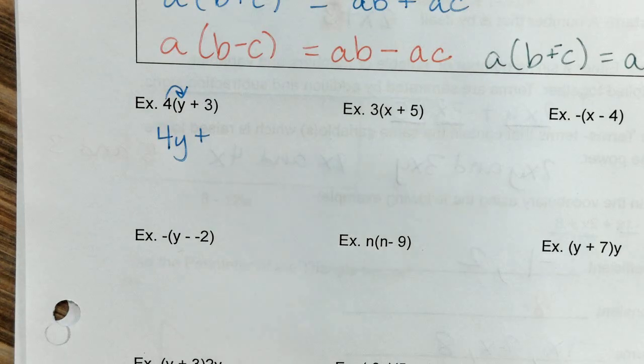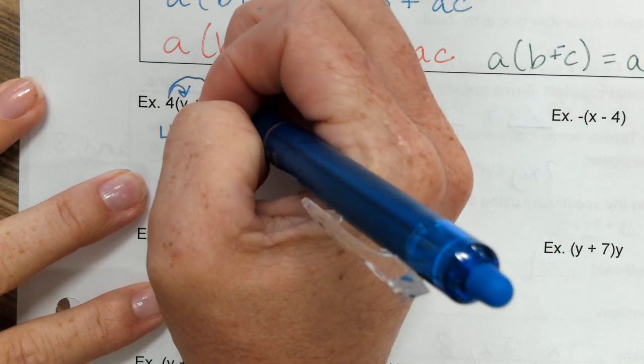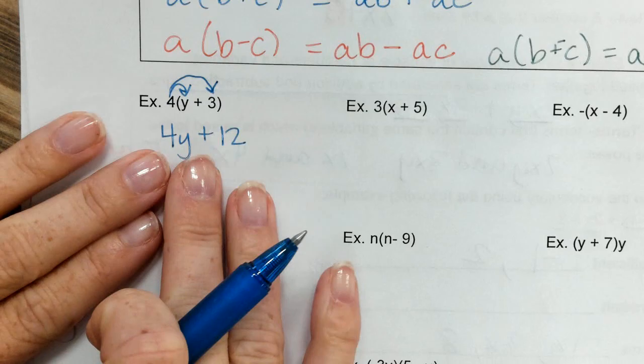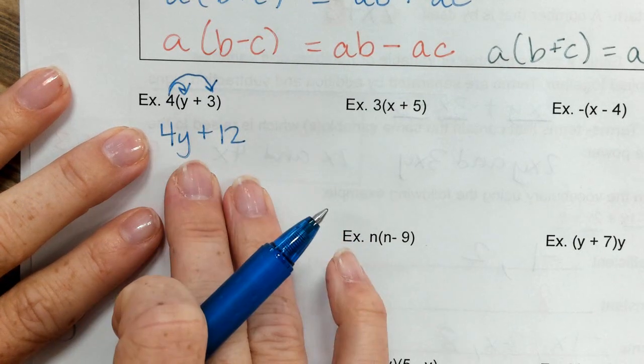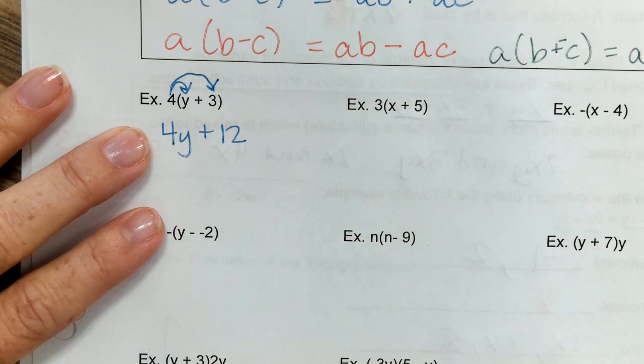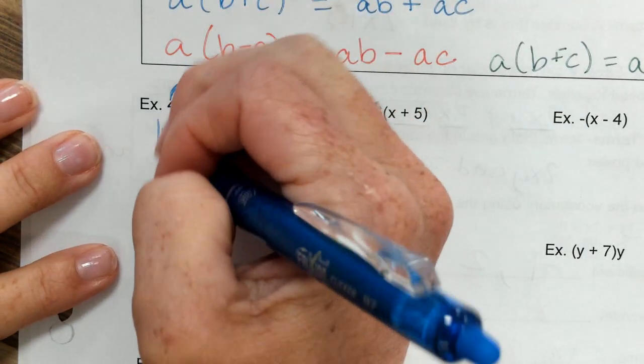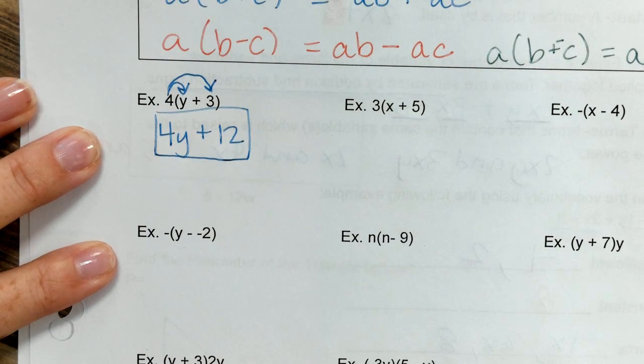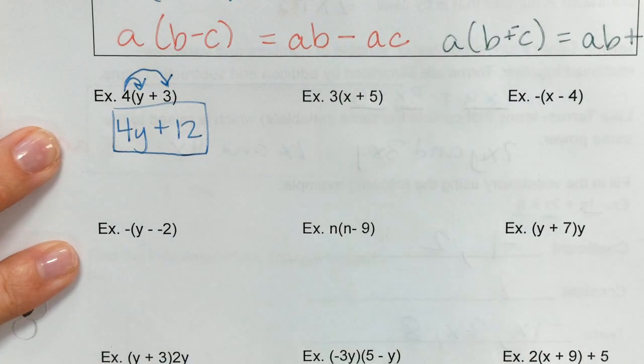So take your time and remember you're distributing by multiplication. 4 times 3 is 12. Is there anything else I can do to this? Then guess what? You're done. That's it. There's no like terms, are there? All right, I want y'all to try this one on your own.